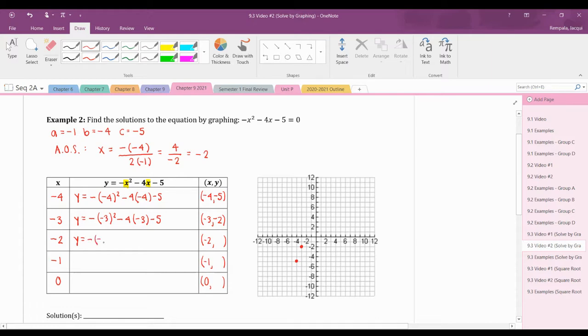Now I'm going to plug in -2. So we've got the negative and then -2 quantity squared minus 4 times -2 minus 5. So carefully type all of that into the calculator. And it looks like we get -1. So -2 goes 2 to the left, -1 means 1 down.